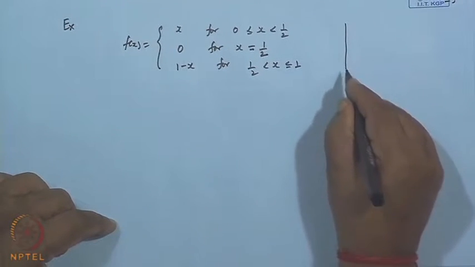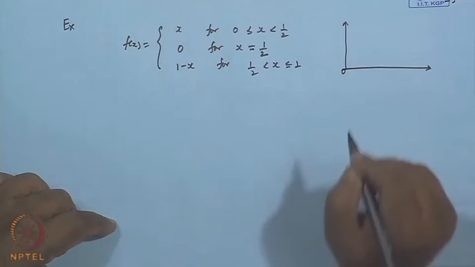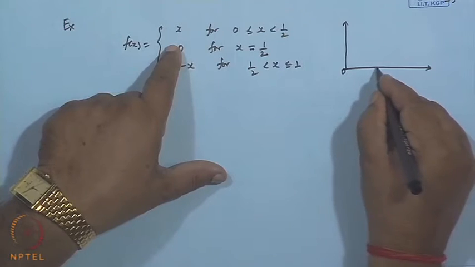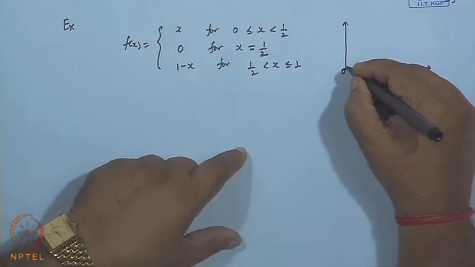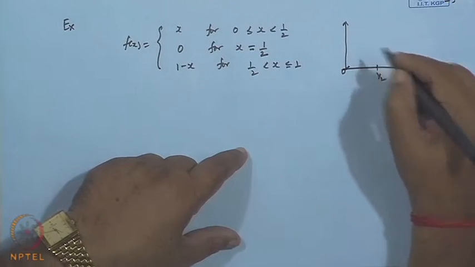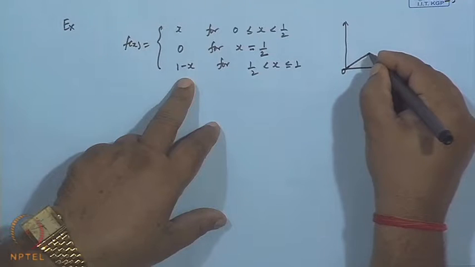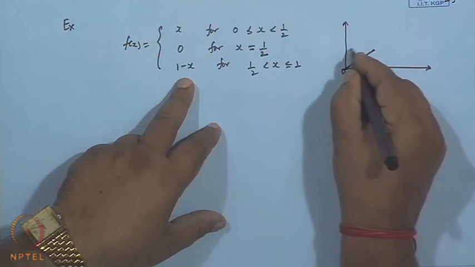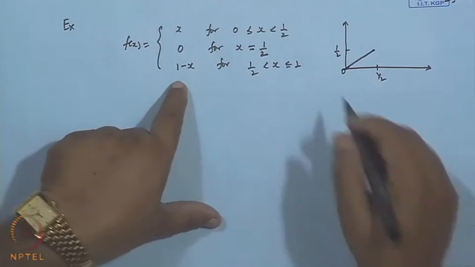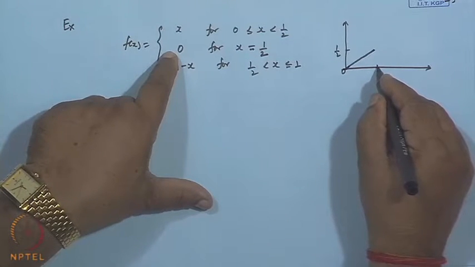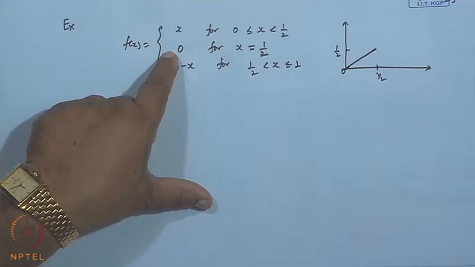So, the function is of this type. This is 0. Between 0 and half the function y equal to f(x) will be something like this. This is half. And then at the point half it is coming to be 0. So, basically this point is excluded.